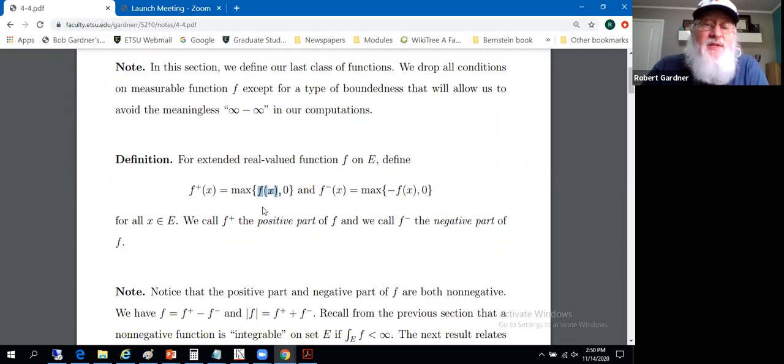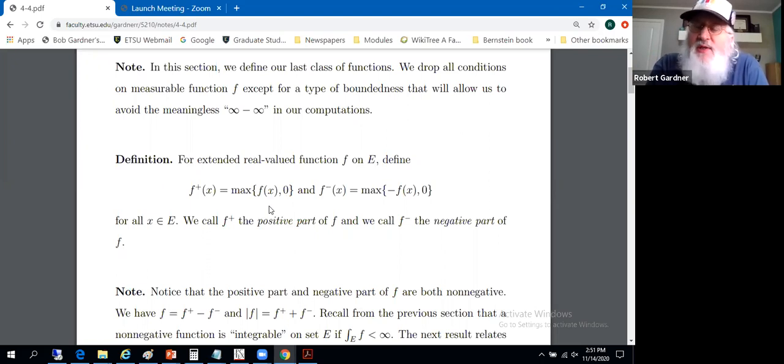When x is negative, the maximum is 0. When it is 0, they're the same. What we've basically done in defining this f super plus, this positive part of f, is chop off all the negative values. If you like, we've rounded them to 0 in creating the positive part.